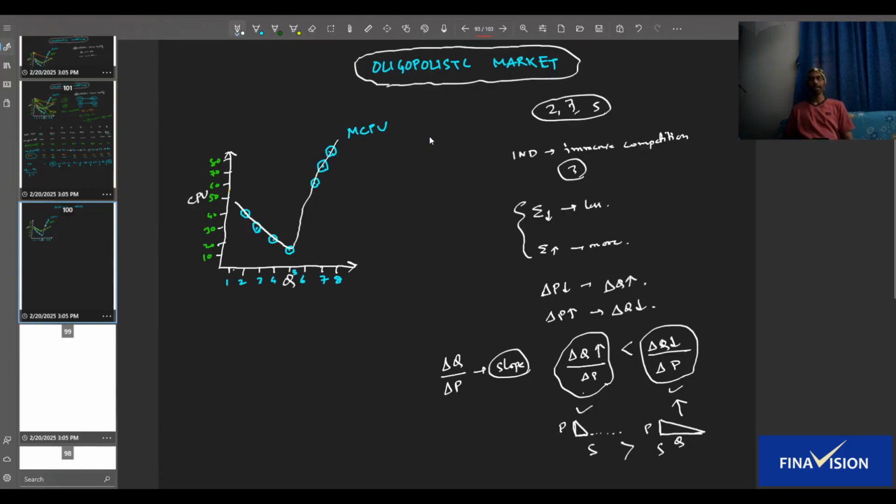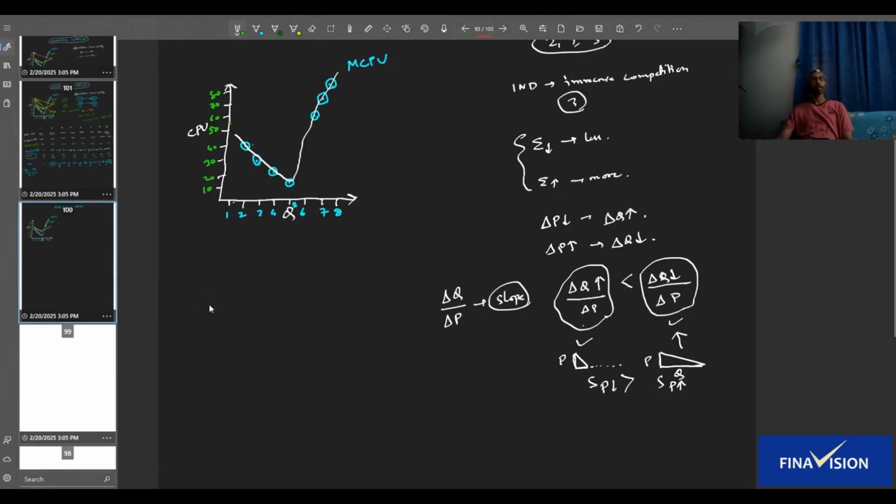So the slope due to price decrease will be much more than the slope due to price increase. Right, friends? So we'll draw the slopes right now. So the price decrease demand curve will be much more steeper. So it will look something like this.